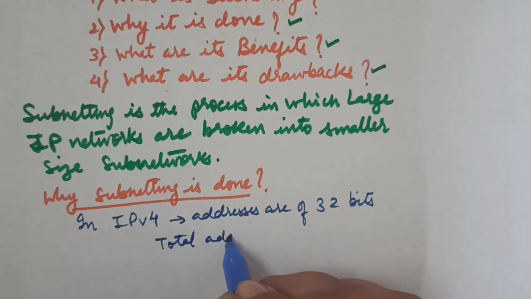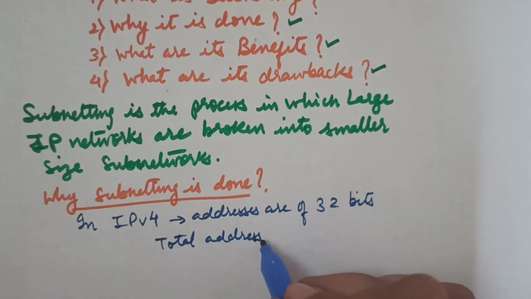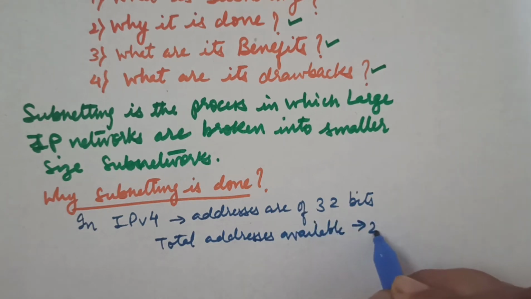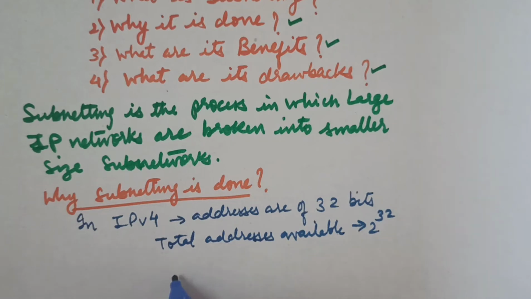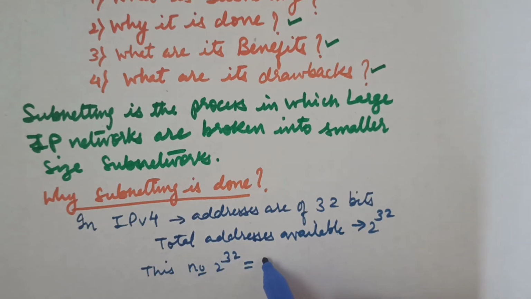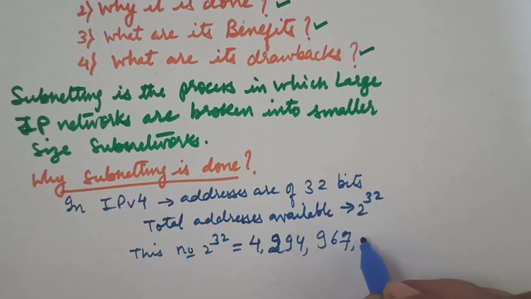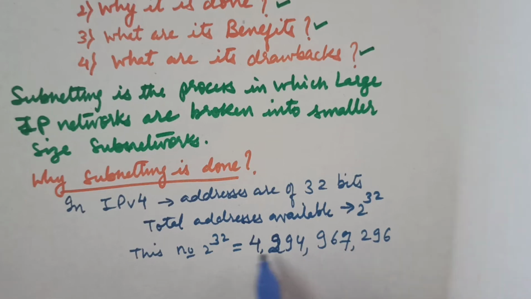Total addresses available in IPv4 are 2 raised to 32. Now this number 2 raised to 32 is equal to 4294967296.